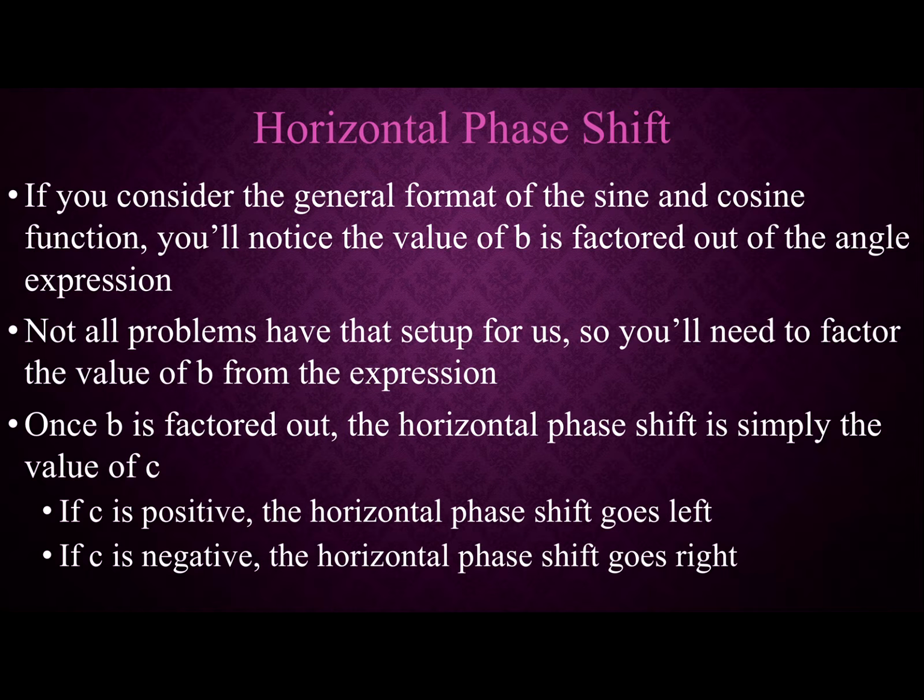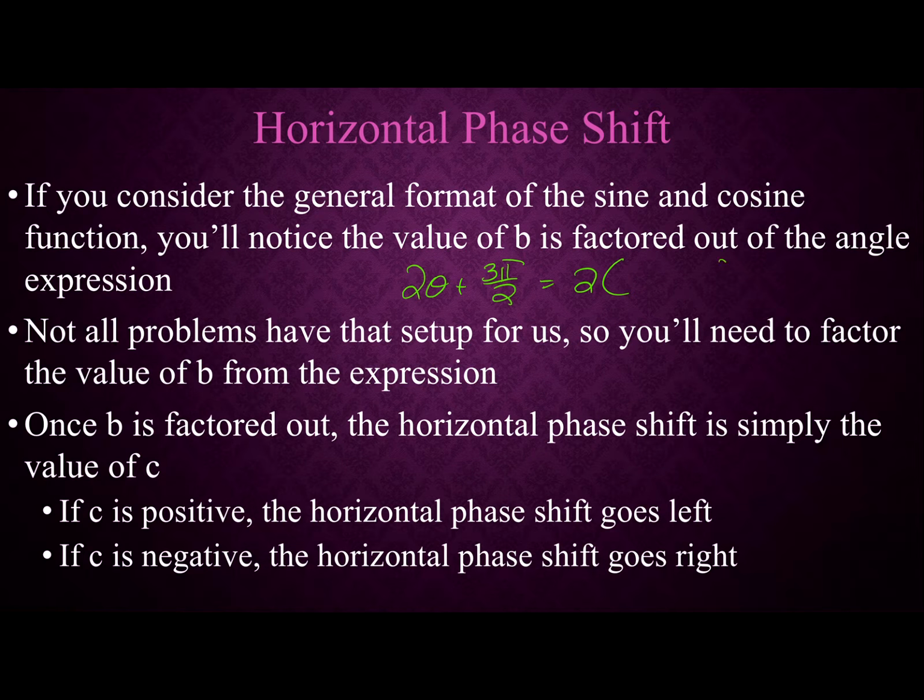Now the horizontal phase shift, you might recognize this, and hopefully recognize this really from Unit 1 when we talked about transformations of functions. This is how much we're going to shift to the left or to the right. Now more often than not, you're going to have an equation set up kind of like this. It'll be 2 theta plus, let's say, 3 pi over 2. And if they give us something like that, that 3 pi over 2 is not the horizontal shift. You'll need to factor it away.